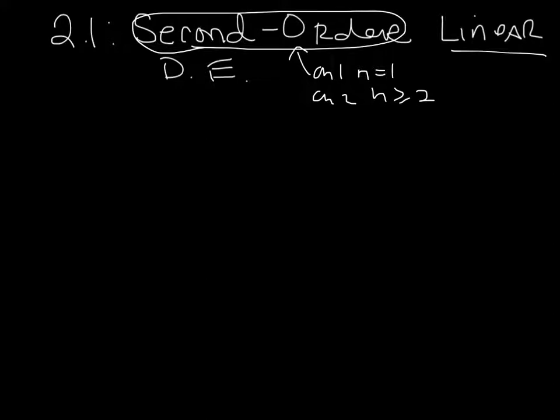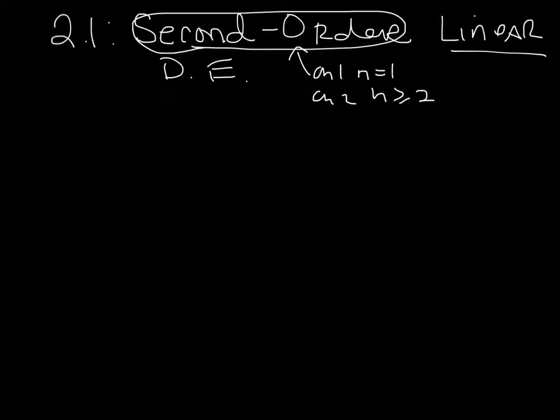In this section, we're going to be solving these differential equations and finding their solutions, their functions, but specifically with order greater than or equal to 2. So second derivative, third derivative, fourth derivative, and so forth.